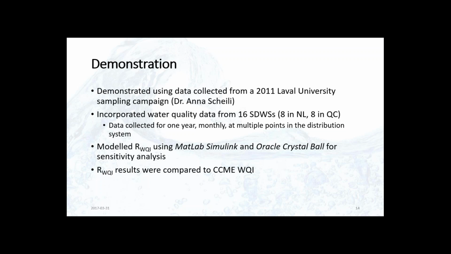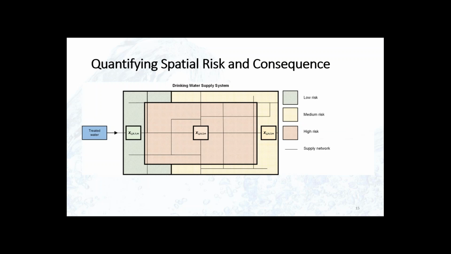Before moving further, in the next few slides I have to note that in its current form, the quantification of spatial and temporal risk in this framework is simplified and generic for multiple purposes, but it does have the potential to be expanded and tailored for individual utilities or a group of utilities in a benchmark. For the proposed framework, spatial risk and consequence was broken down into 3 categories within the distribution system.